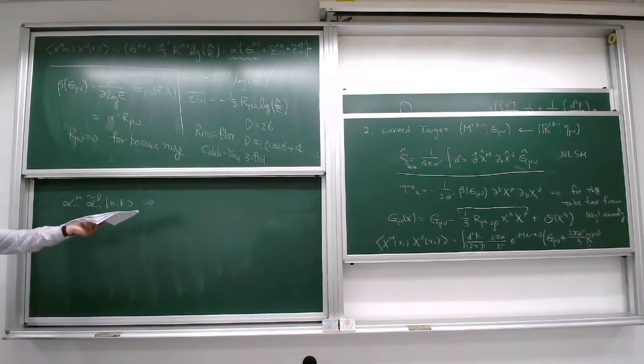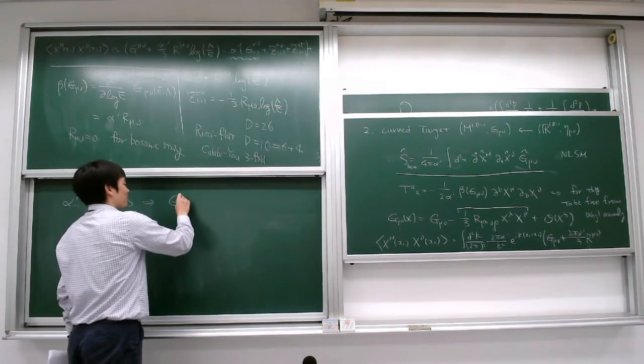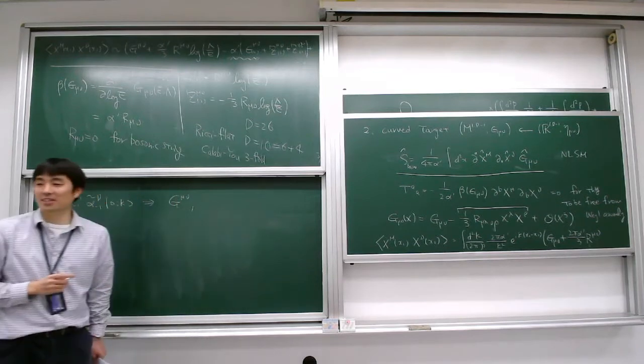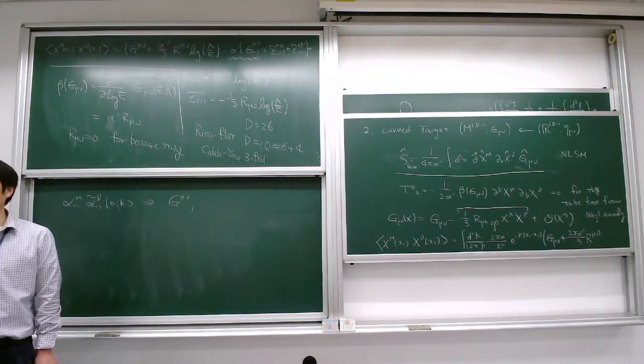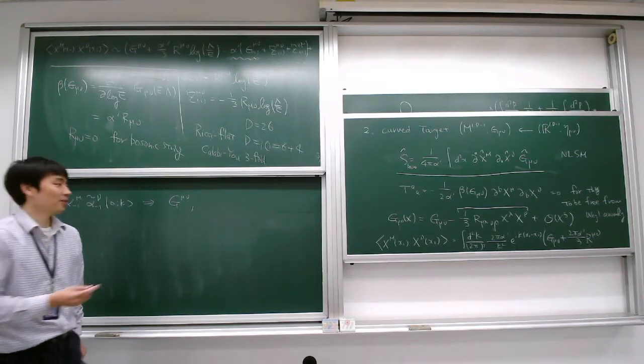Do you remember what the massless states are? It's very important in string theory. Graviton, good. This is the symmetric part. What is the anti-symmetric part? B field. Okay, B field.